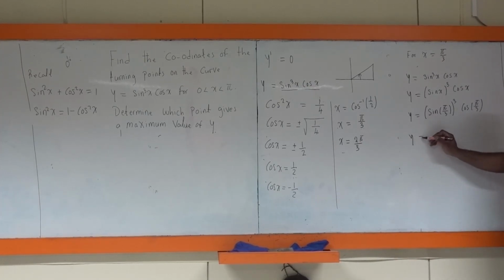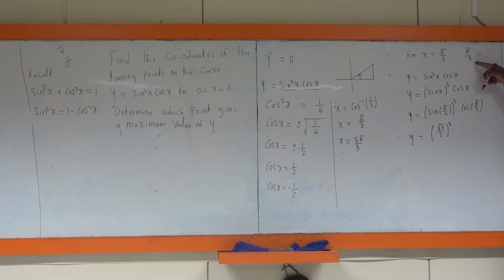So here this should be square root of 3 over 2 all to the power of 3, multiplied by cos of pi over 3. Pi over 3 is just 180 divided by 3, which is 60 degrees. So cos of 60 degrees is a special angle, and we know that cos of 60 degrees should be 1 over 2.